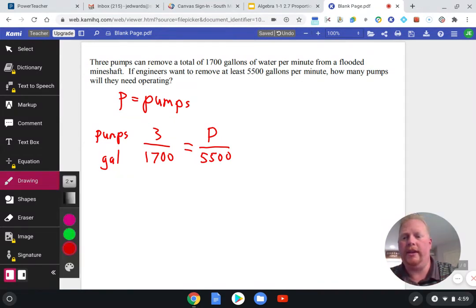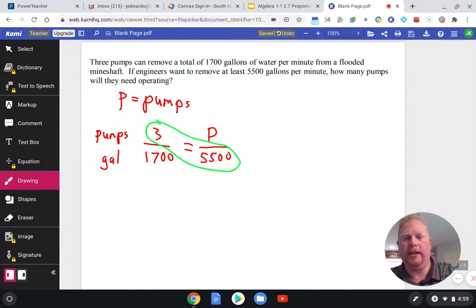Let's go ahead and cross multiply. 3 times 5,500, I believe that's going to be 16,500. Bring down the equal sign. 1,700p.